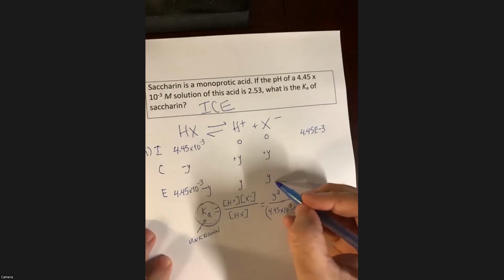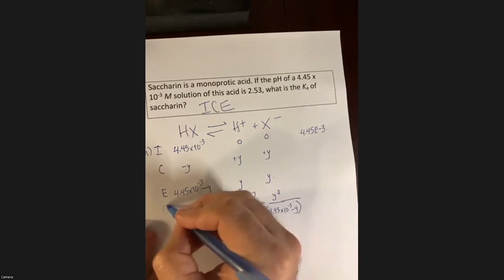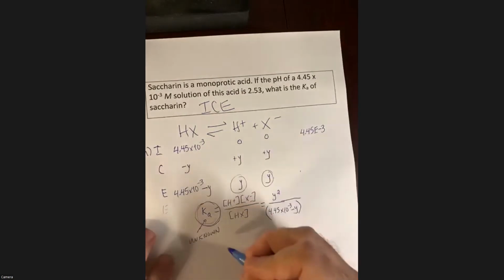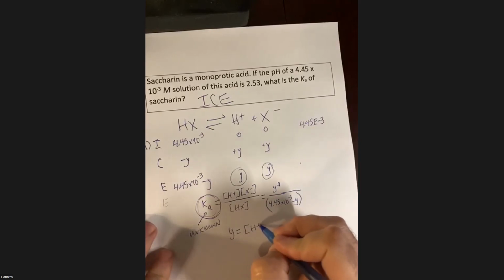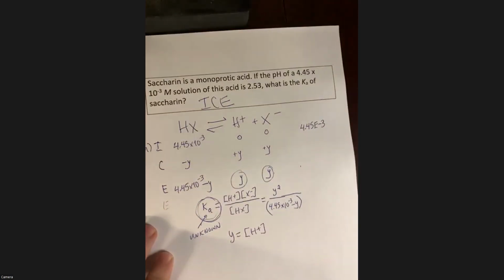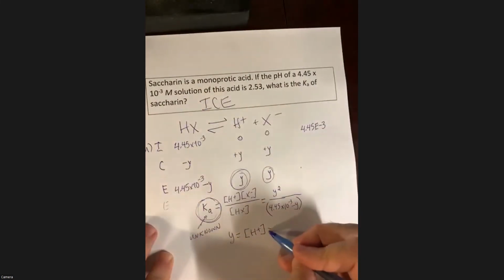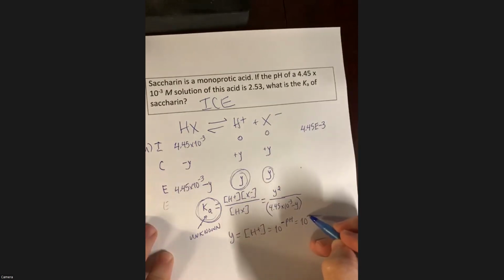Y, you can get what Y is because Y is the concentration of hydrogen ions, right? And they gave us the pH. So that's 10 to the minus the pH, which is 10 to the minus 2.53.